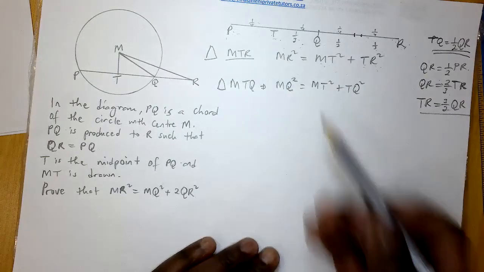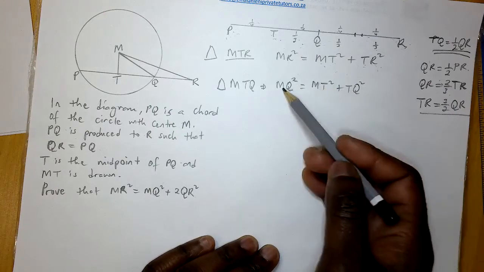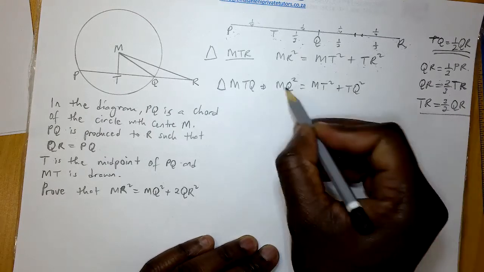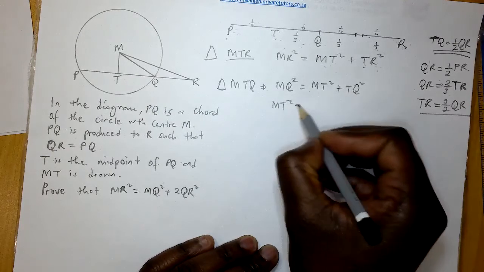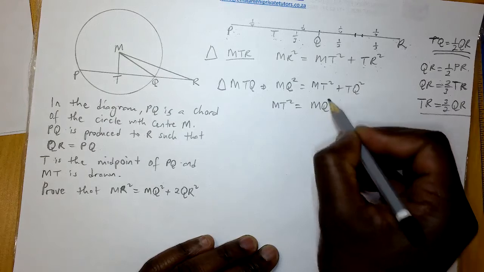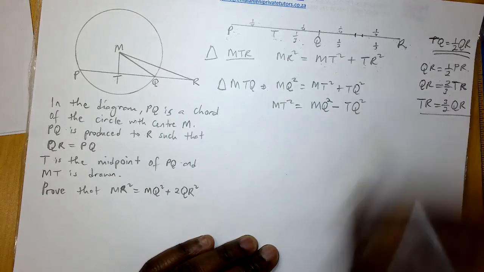So now we need to express MT in terms of MQ. So we're going to say MT squared is equal to MQ squared minus TQ squared.